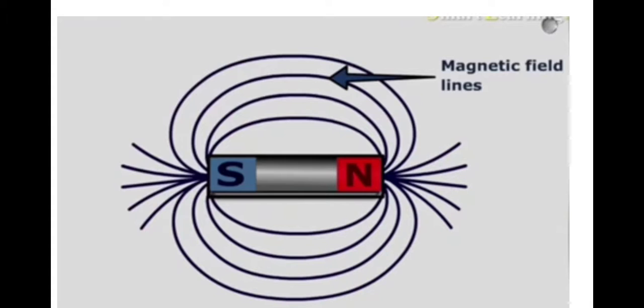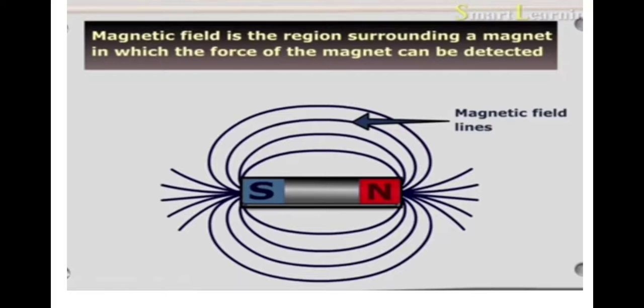Magnetic field is the region surrounding a magnet in which the force of the magnet can be detected. The strength of a magnetic field is indicated by the degree of closeness of the magnetic field lines.